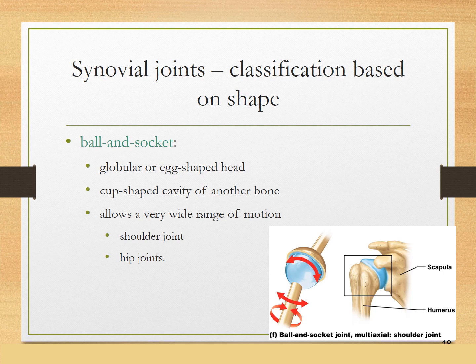This allows for a very wide range of motion. Examples of ball and socket joints are your shoulder joint, where you have the head of the humerus articulating with the glenoid cavity of the scapula, and the hip joint, where the head of the femur articulates with the acetabulum.